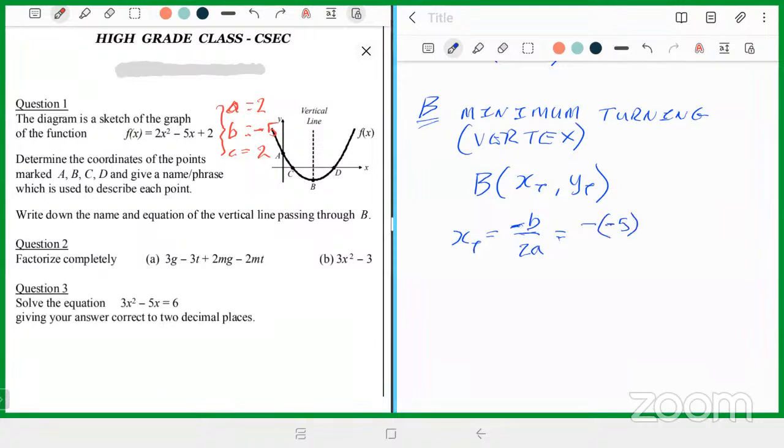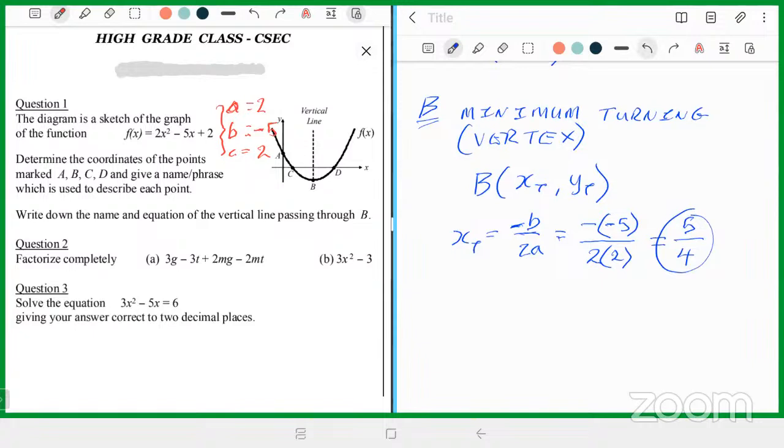I can put it in a bracket. So that's a minus b, and that minus makes that a plus on the numerator, divided by 2 times the a value, and the a is 2. So this works out to a positive 5, divided by 2 times 2, which is 4. So that is the x value at the turning point. We're going to place it right here in the bracket for the coordinates.